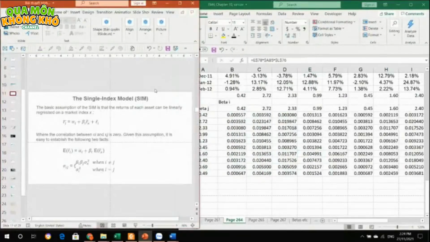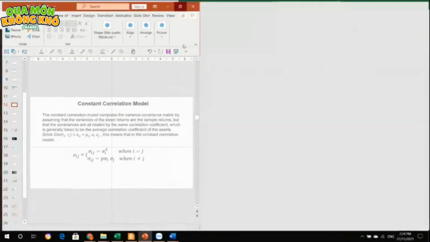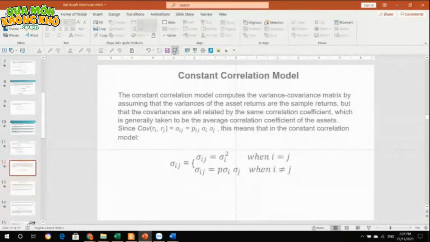Okay, now we go to the next method, which is the constant correlation model.